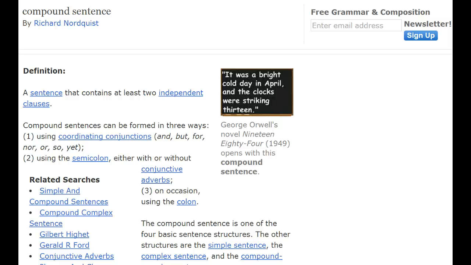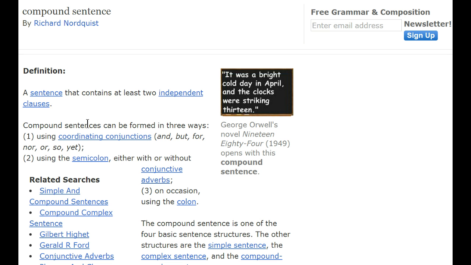Compound sentences. We're going to go through and learn about compound sentences and how to form them. A compound sentence is a sentence that contains at least two independent clauses.